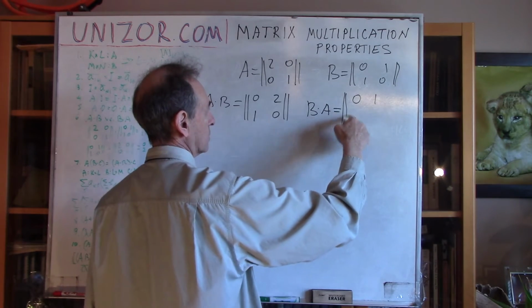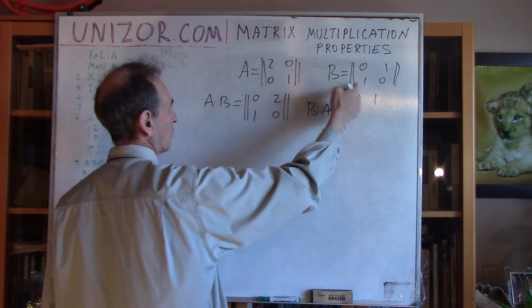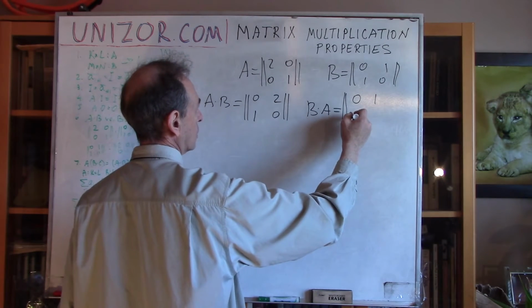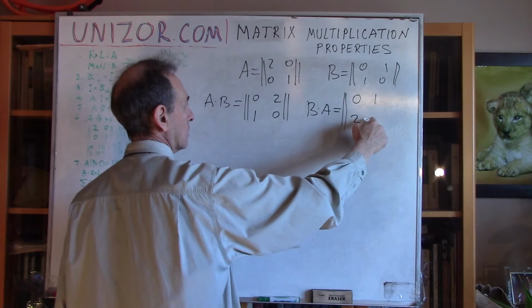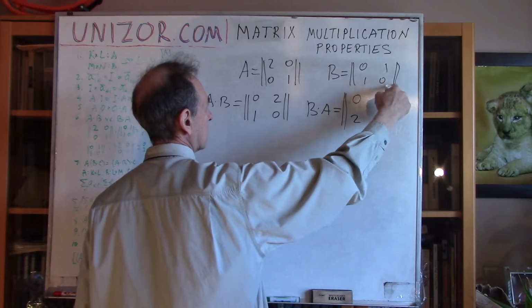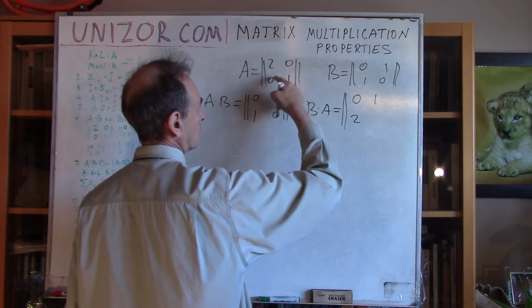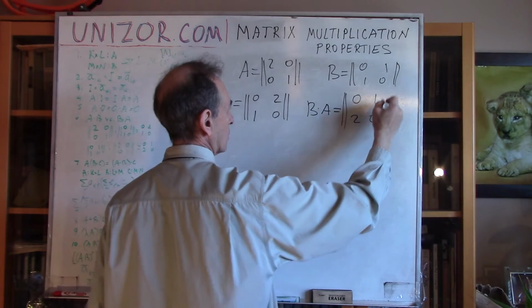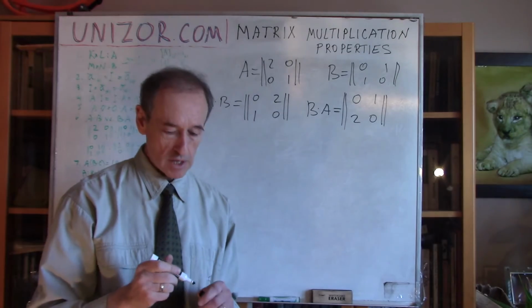Element 2, 1, second row, first column: 1 times 2 is 2, and 0, so it's 2. And element 2, 2, second row times second column: 0 times 1 and 1 times 0, it's 0. So as you see, we have different matrices as a result of multiplication.